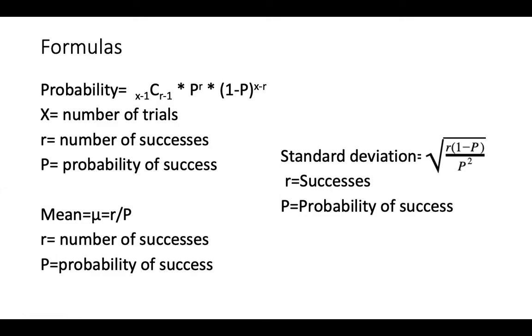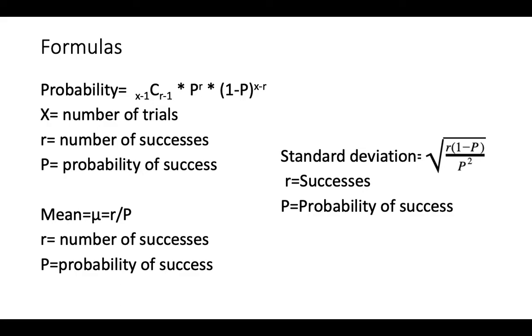The formulas for the negative binomial distribution: the probability is equal to (x minus 1) combination (r minus 1) times p to the r times (1 minus p) to the (x minus r), where x is the number of trials, r is the number of successes, and p is the probability of success.